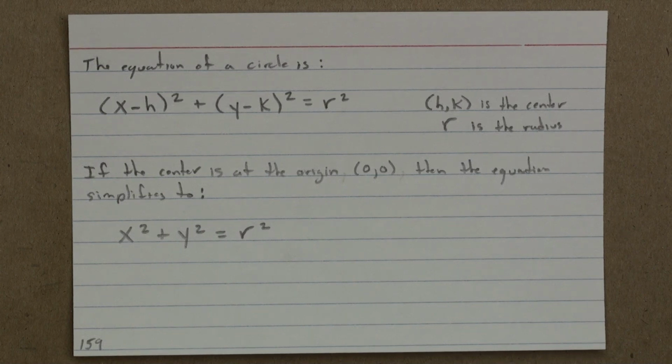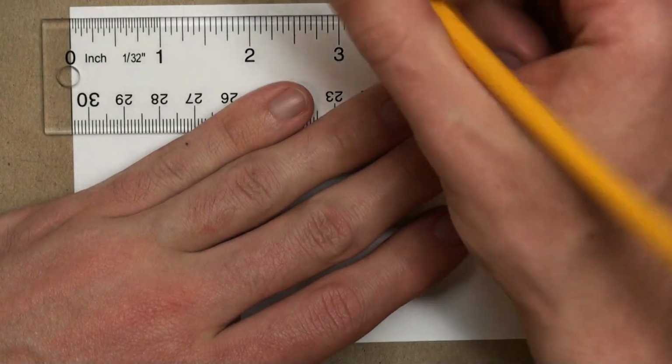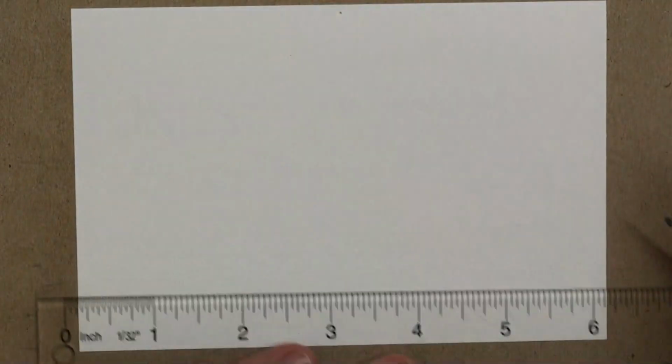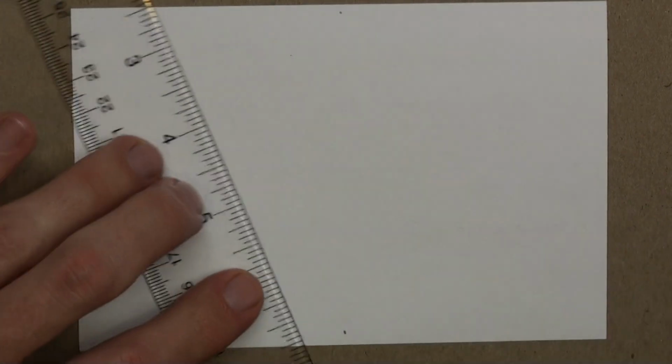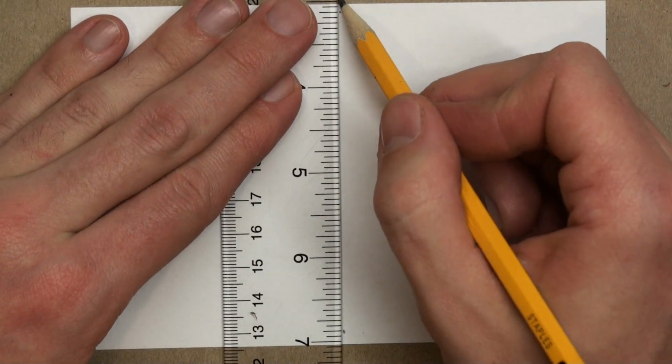Now, what I'm going to do is just graph two circles, okay, on the back. And there's a lot of problems that you can do involving circles, but I'm going to save those for the actual problem solving part, and you'll just have to review the problems. This is really the only information you need to know about graphing circles.